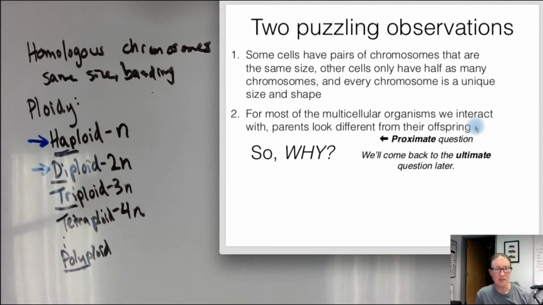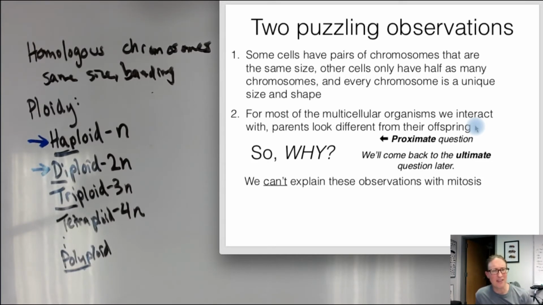Okay? All right, so why does this happen? And when I'm asking this causal question of why this happens, we're going to mostly focus on the proximate question here. So, how is it that cells go from being diploid to haploid and back again?